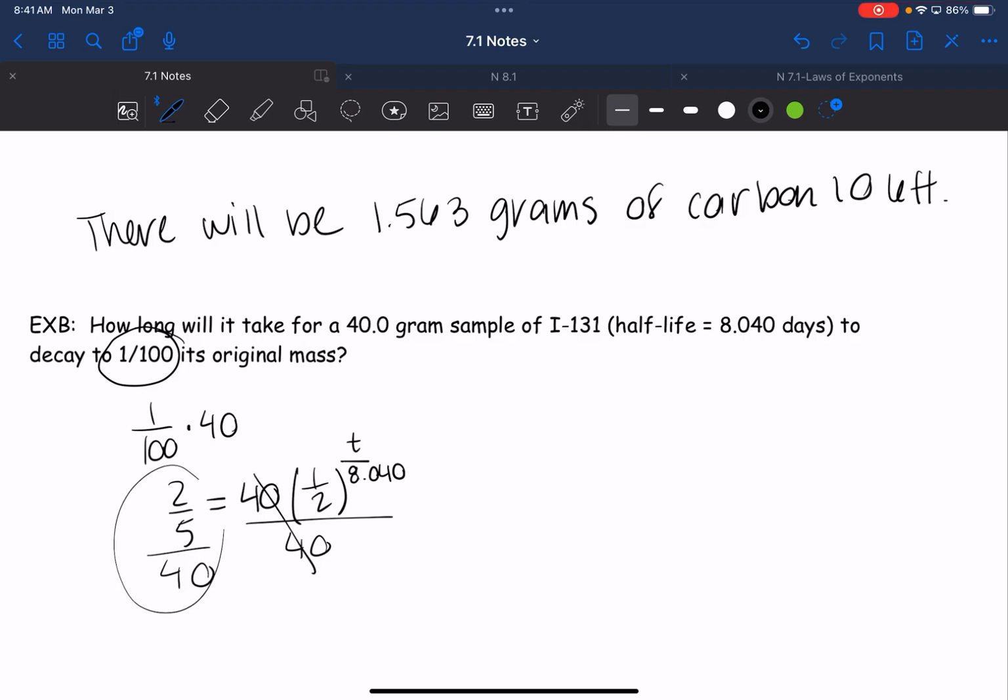And then this is what I would put in my Y1, and then this part here is what I would put in Y2. Again, I'm looking for where these intersect, or if we're pulling up our table, where that 2/5 would exist if we're trying to figure out what our X value or our T value is here.